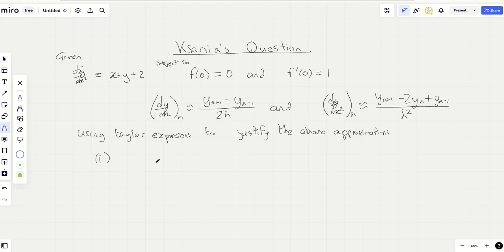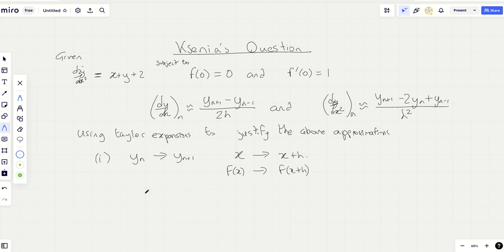Okay, so here goes. The way we're going to do this is to appreciate that when you're going from yn to yn plus 1, what's really happening? Well, you're firstly going from a certain x value to an x value plus a step length of h, aren't you? So in other words, to go from yn to yn plus 1, we're going from f of x to f of x plus h.